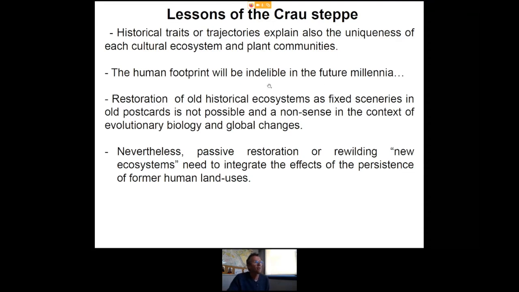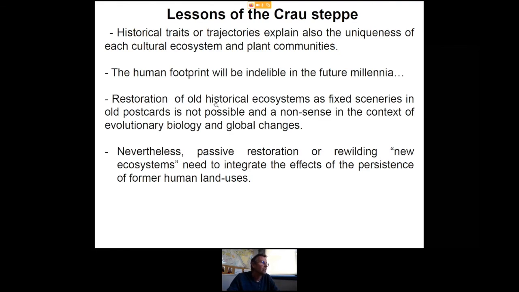And it's clear for us, from the persistence of these Roman footprints, that it will be difficult to erase our present footprint, and it's clear that the human footprint will be indelible in the future millennia, and that it will be really, really difficult and perhaps impossible to restore the integrality of former historical or cultural ecosystems.